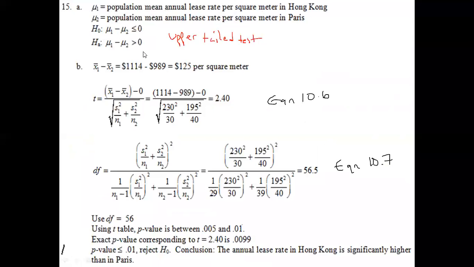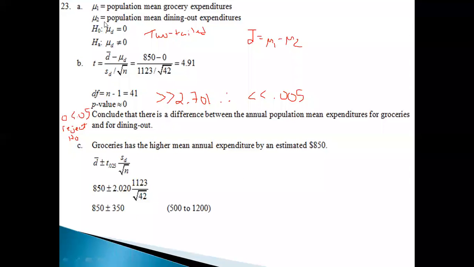So instead of mu1 minus mu2, we're going to use just mu difference equal to 0, or mu difference not equal to 0, for our null and alternative hypotheses. And again, it's a two-tailed test, so that's going to be important here in a little bit. So that's our hypothesis test we're going to look at. Now, basically, we're just going to be going through and testing it.